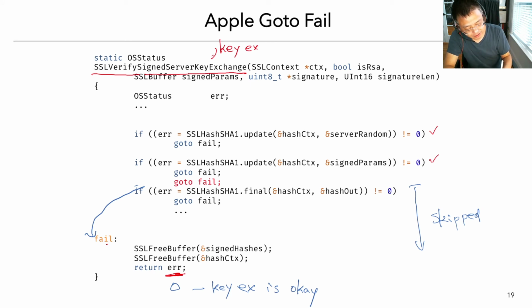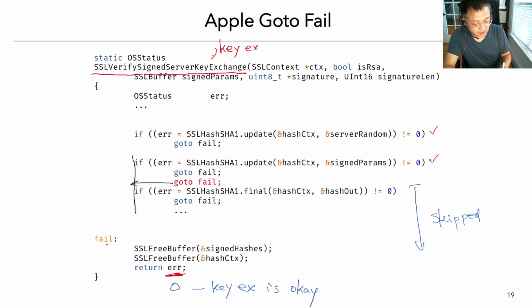If you look at this, the indentation of those two goto fails is actually not natural. Any decent editor would move the goto fail here to align with the if, which would make it much easier for a human to spot the problem.